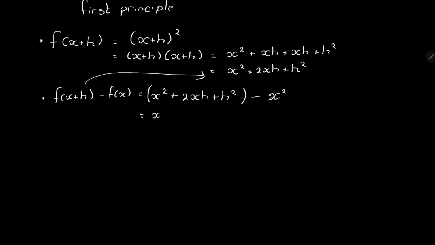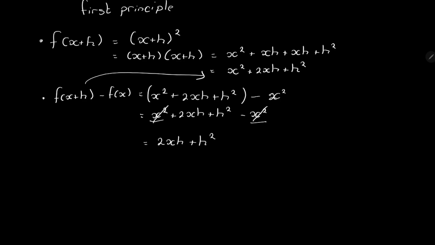Simplifying this, we have x squared plus 2xh plus h squared minus x squared. We have our like terms here, x squared minus x squared, and this cancels out. So we have 2xh plus h squared.